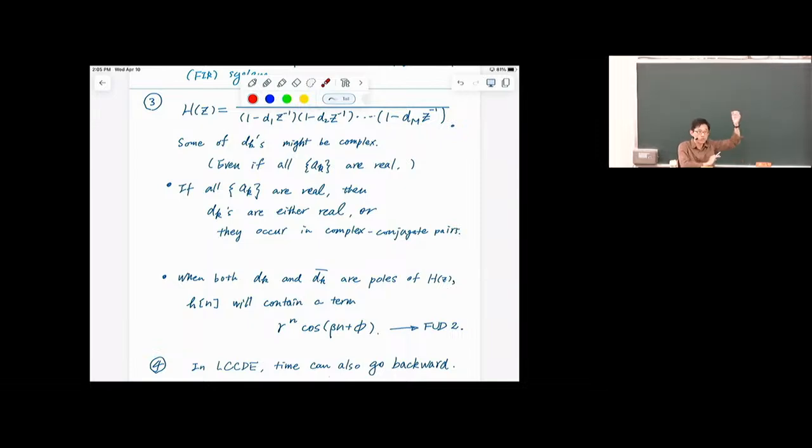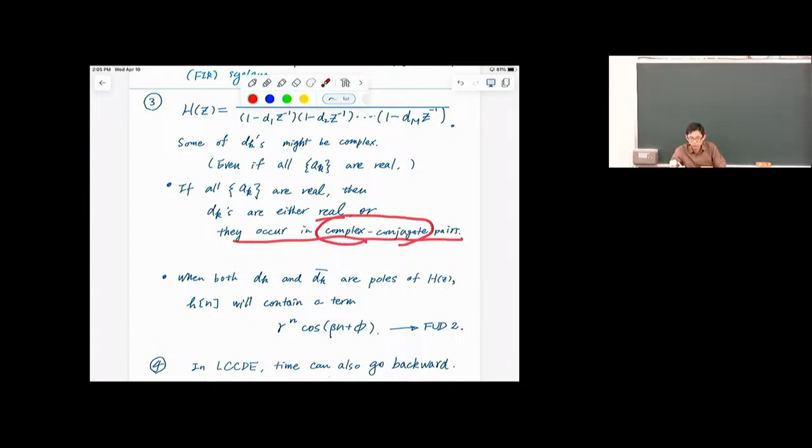If you have one complex root, then its complex conjugate has to also be a root. So they occur in conjugate pairs if any root is complex. That will happen if all our coefficients are real to begin with. That clear? Then the d_k are either real or they occur in complex conjugate pairs.